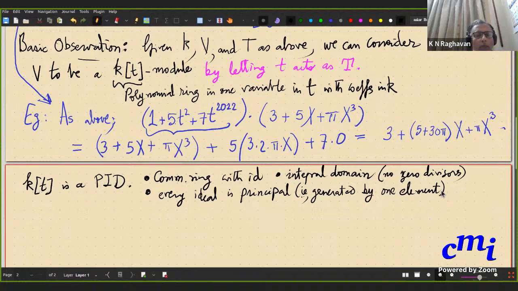Do you know that K[t] is a PID? Can somebody answer that? I'm claiming that K[t] is a PID. Are you familiar with that fact? That's the question.